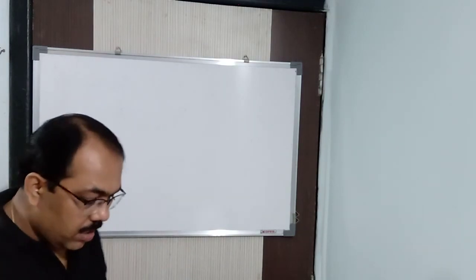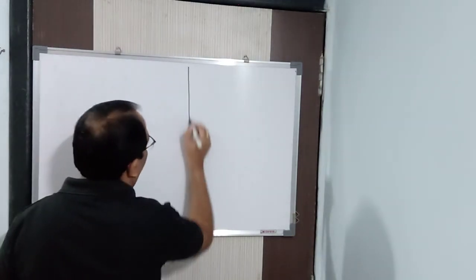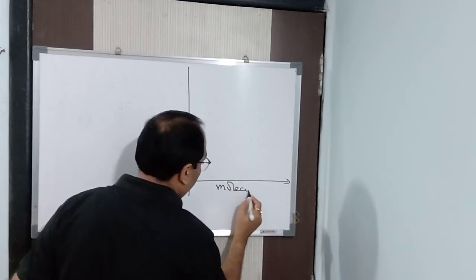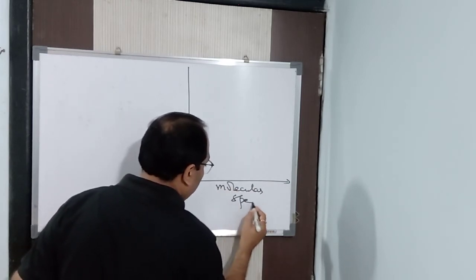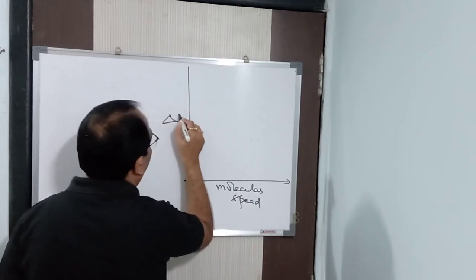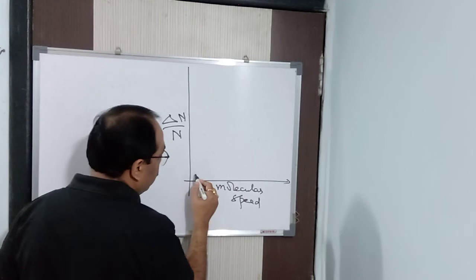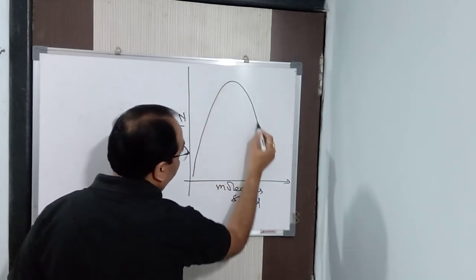If I draw the same graph, here I take molecular speed, and here delta n by n, the fraction of molecules. Suppose this is the graph for chlorine, Cl2, at a particular temperature. Temperature remains constant.